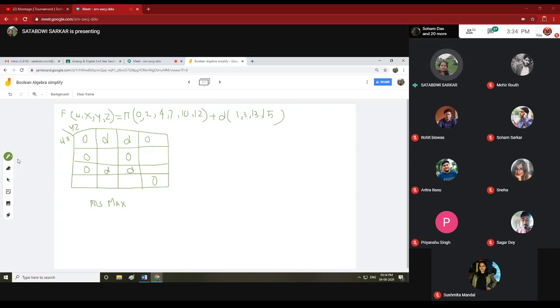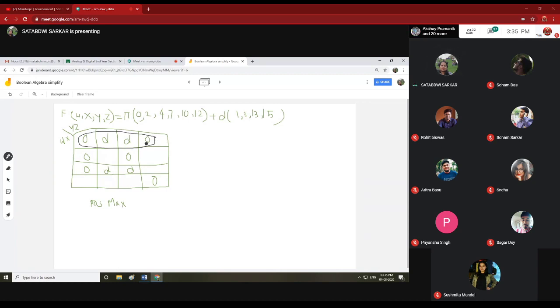Now we have to make groups. How will we make a group? Here we can see that row-wise 4 values are there, using the don't cares, so we can make a group for these 4 cells.